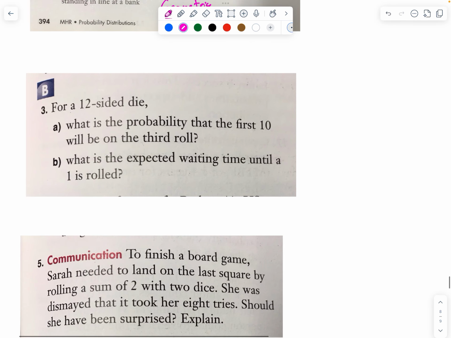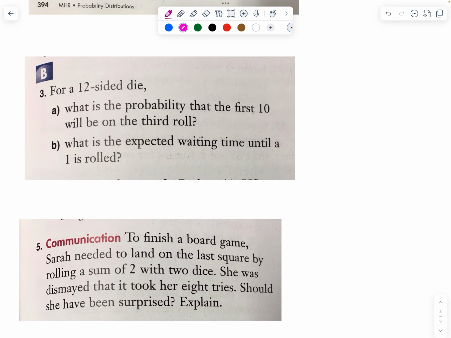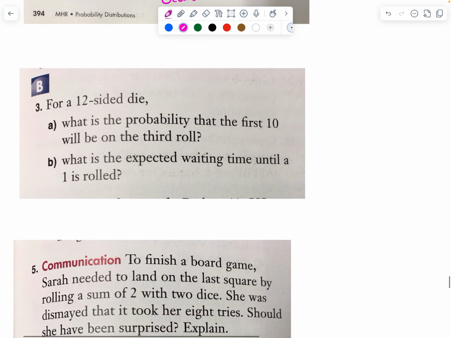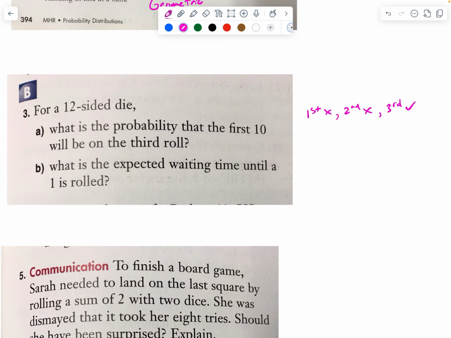Question 3, for a 12-sided die. 12-sided die means there's 12 sides, by the way. What is the probability that the first 10 will be on the 3rd roll? So that would mean on the first attempt, you don't get a 10. On the second attempt, you don't get a 10. And on the 3rd attempt, you get a 10. So how would that be figured out? We're going to assume that each side of the die has a different number on it. So if you fail at first, there's an 11 in 12 chance you don't get a 10.